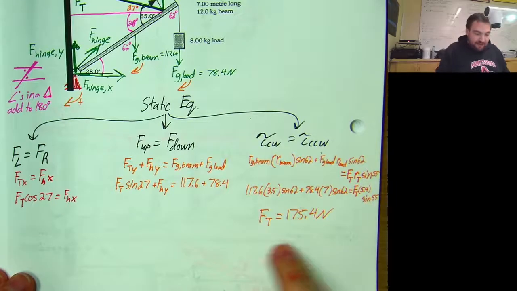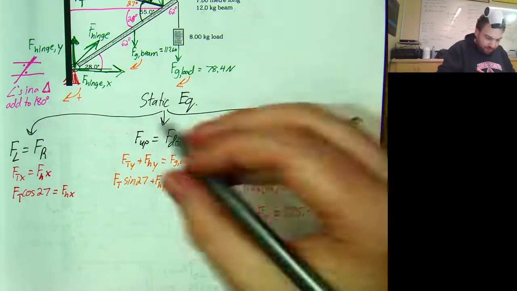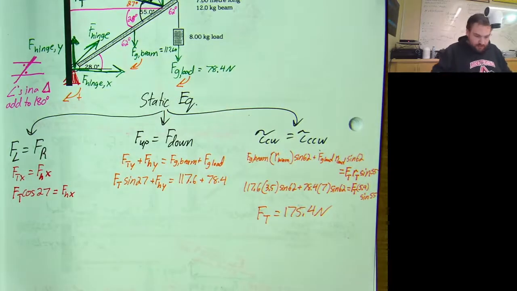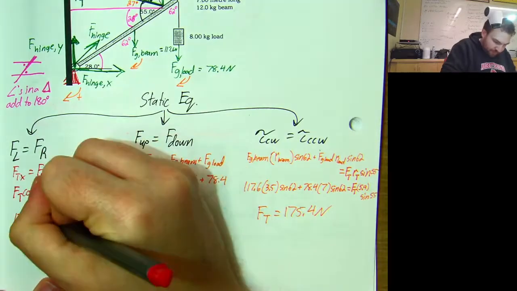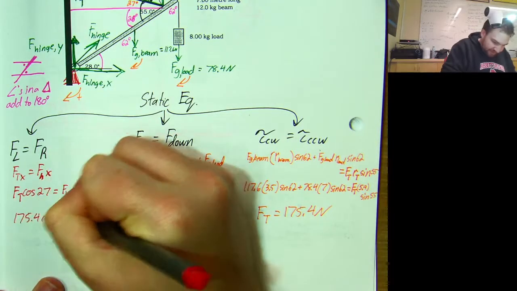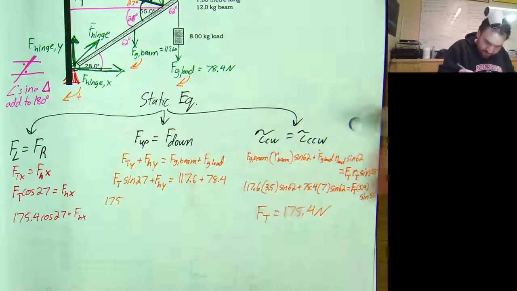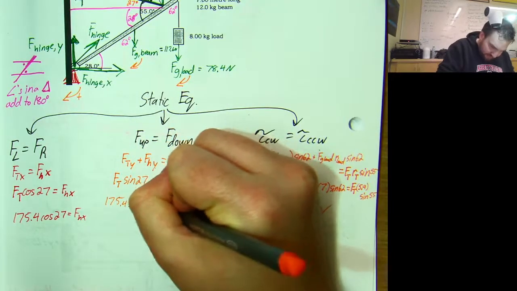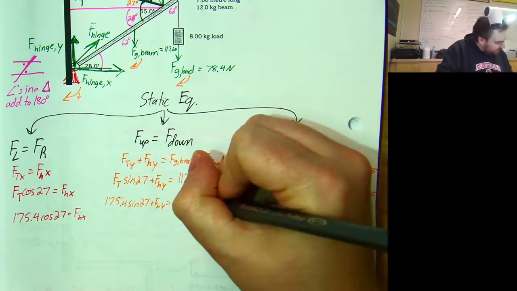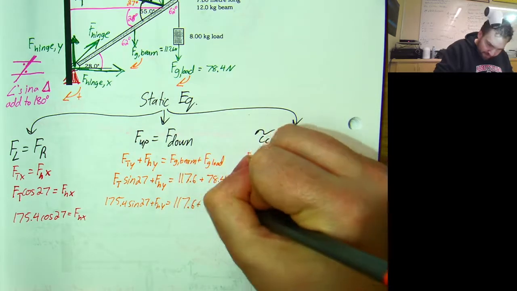And now I can plug that in to both of these equations to give me components for the hinge. So this guy over here is going to become 175.4 cos 27. That's going to equal F hinge X. And this is going to be 175.4 sine 27 plus F hinge Y equals, let's leave it the way it is, 117.6 plus 78.4.